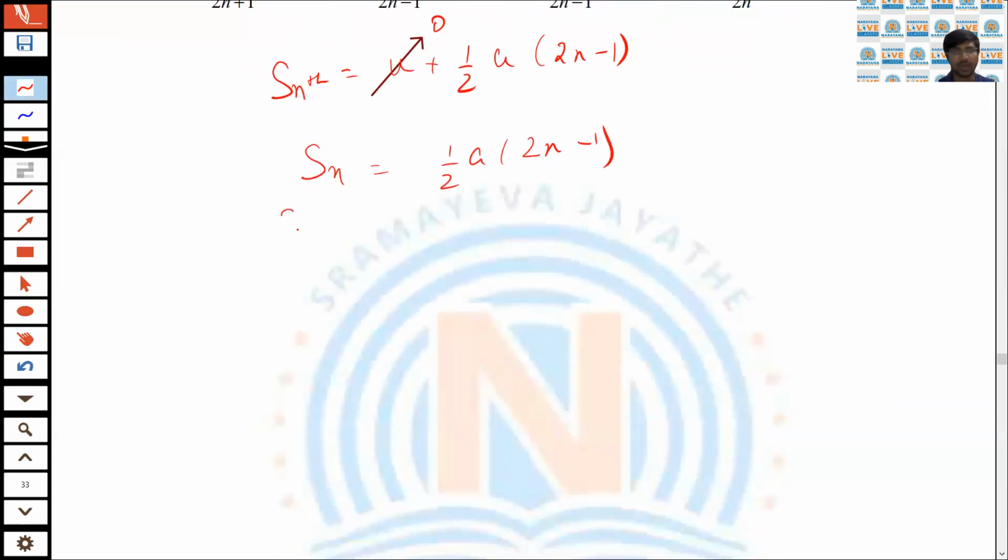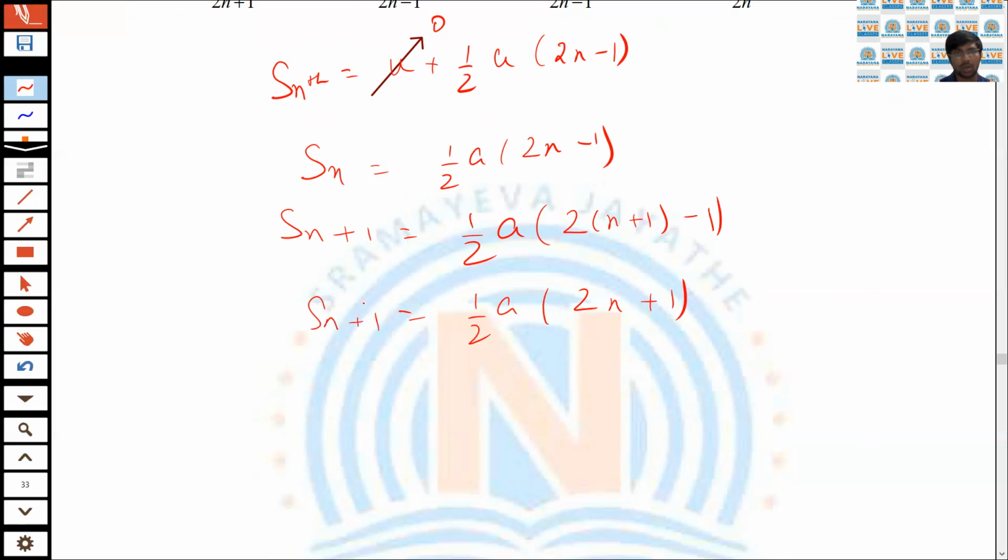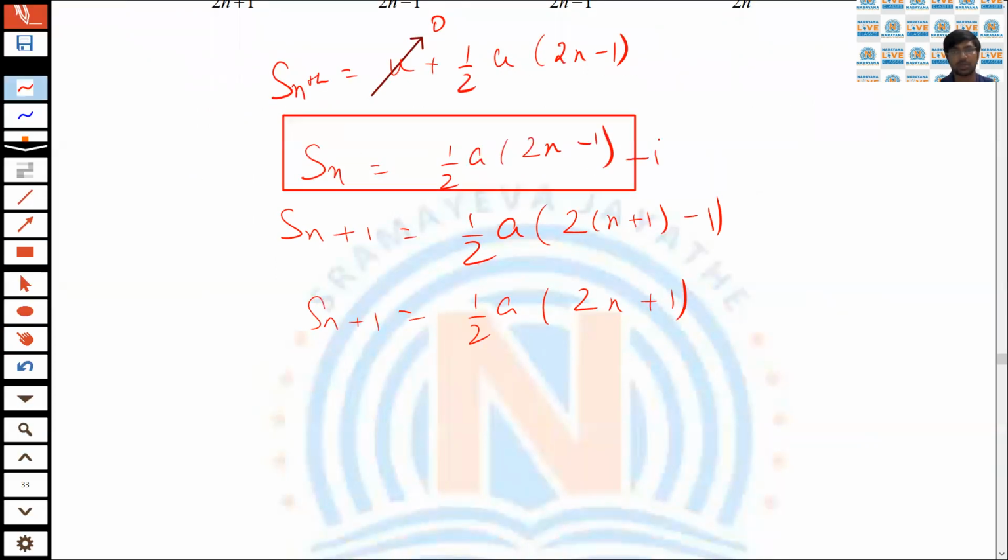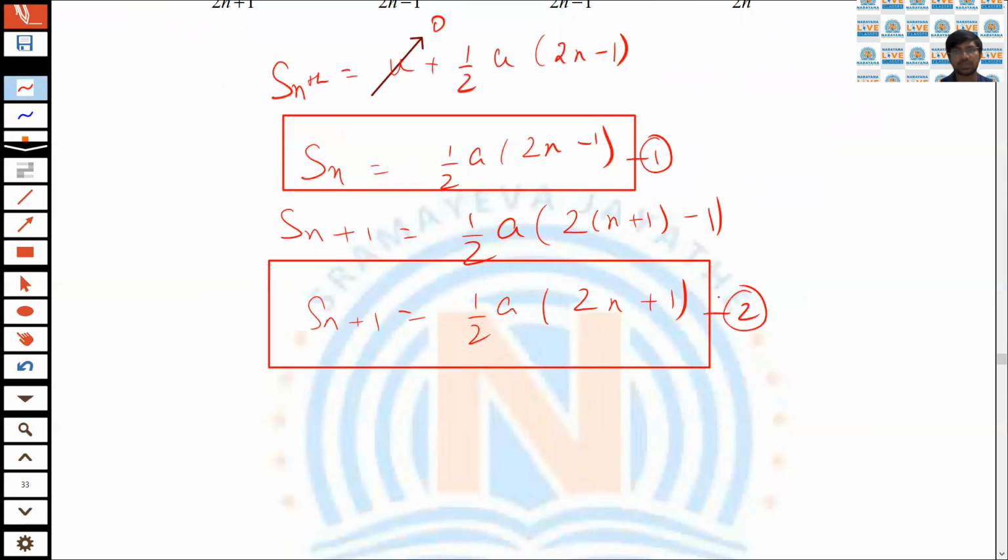And the value of Sn plus 1, which is being asked in the question, becomes half a (2(n plus 1) minus 1), which basically means half a (2n plus 1). Now, this is the first equation, and this becomes the second equation.